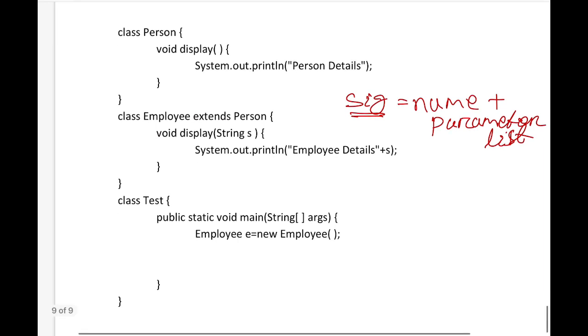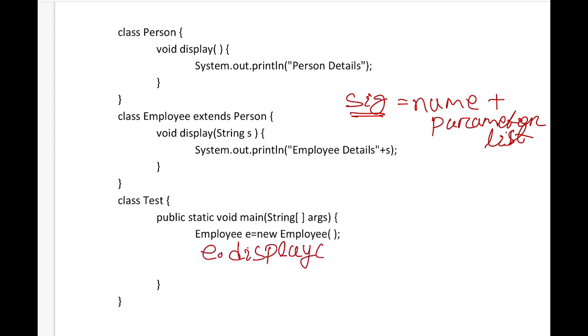Now if we write Employee e = new Employee(), e.display(), then it is going to search this display method in the employee class, because the type of e is employee, and here it finds a display method.